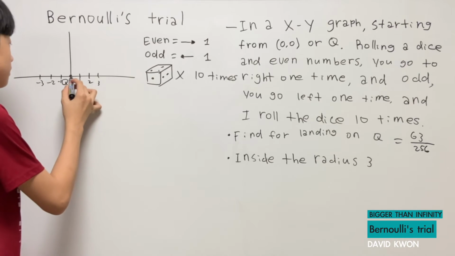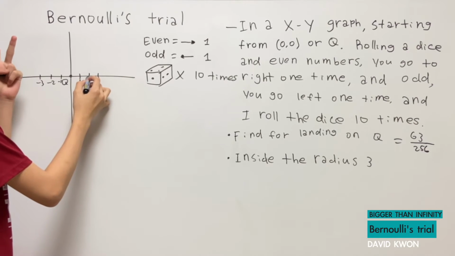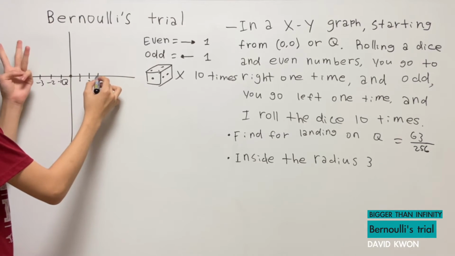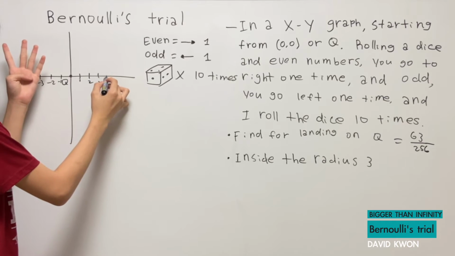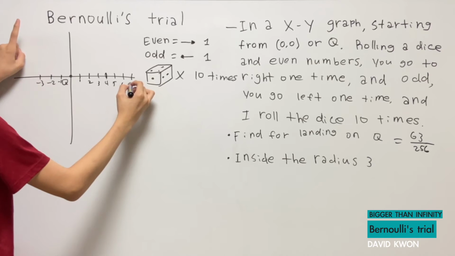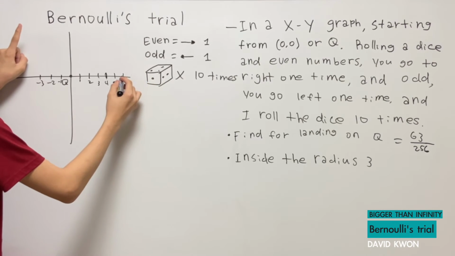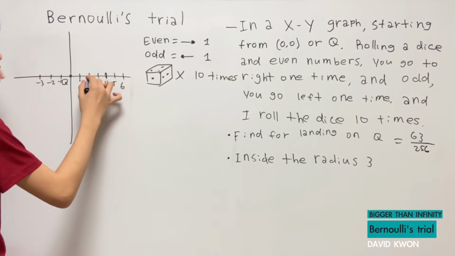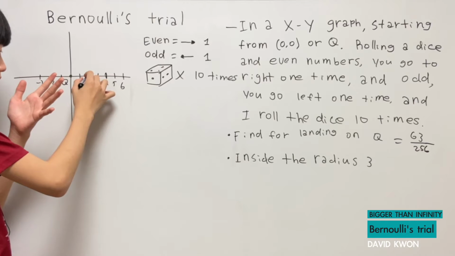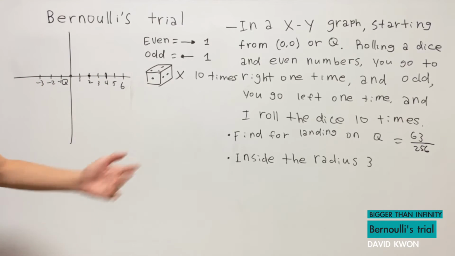It goes to the right, or even, 1 time, 2 times, 3, 4, 5, 6 times, right? If it goes 6 times, then I go to the other direction 4 times. 1, 2, 3, 4. And that was the total of 10 times I went by 1. And I landed on 2. And that is inside the radius 3.